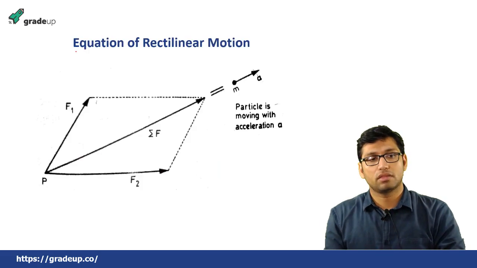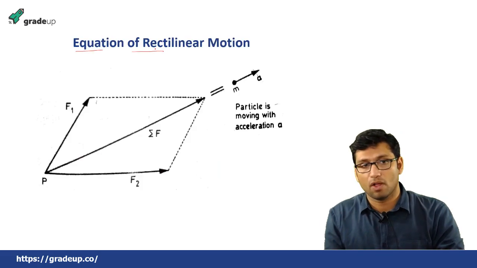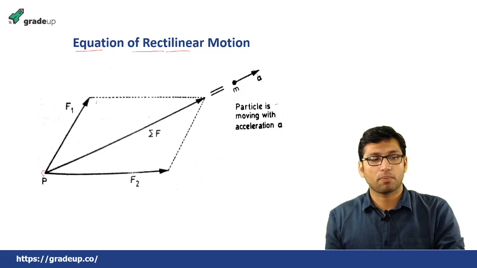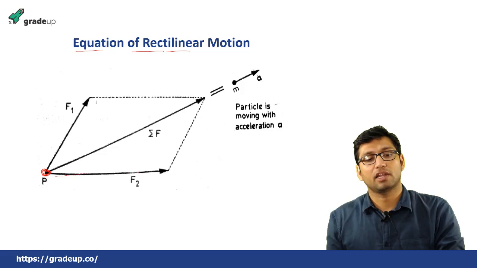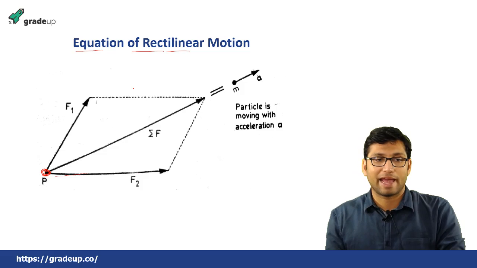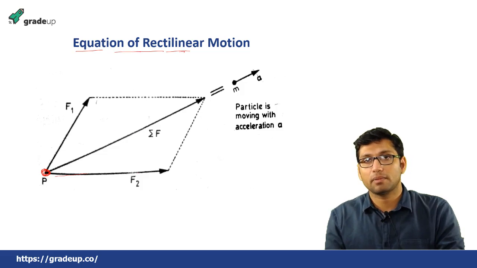Now, let us see the equation of motion for rectilinear motion. What is the equation of motion? Suppose that there is a particle P, and some forces are acting on this particle, say F1 and F2. According to the equation of rectilinear motion, since these two forces are acting on this particle, the particle will also have some motion.